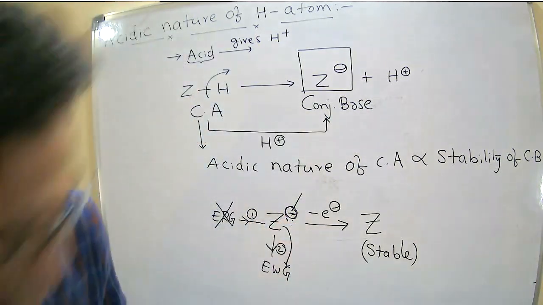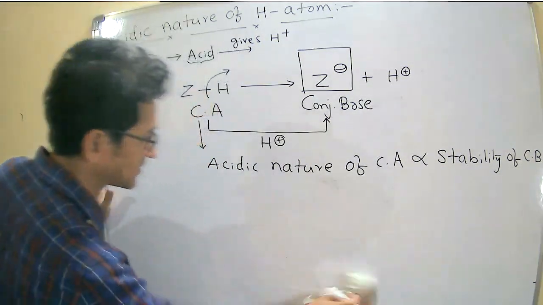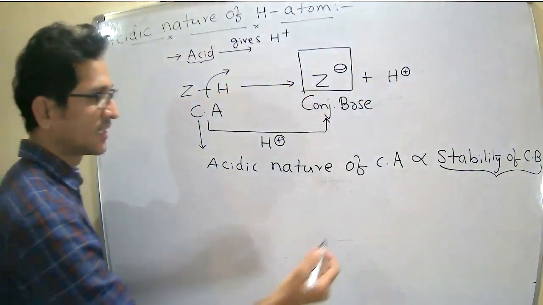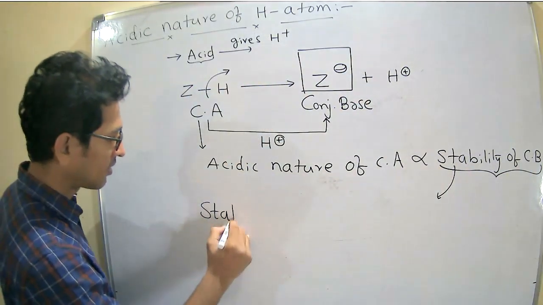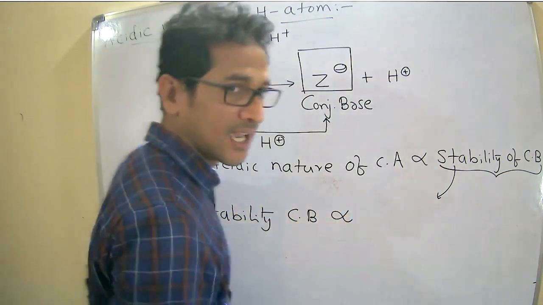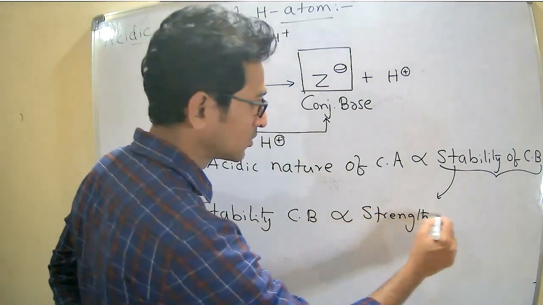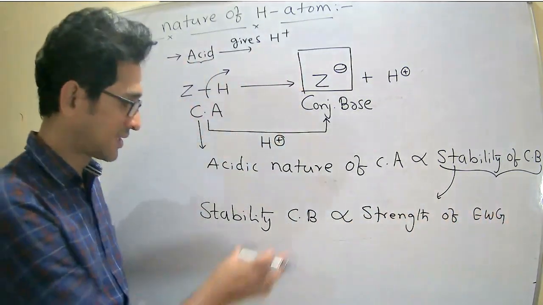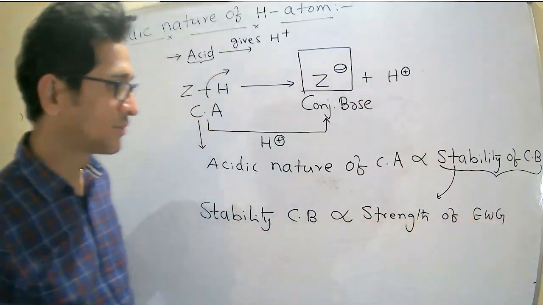So finally, I'm writing a point: the stability of conjugate base is directly proportional to the strength of electron withdrawing group.